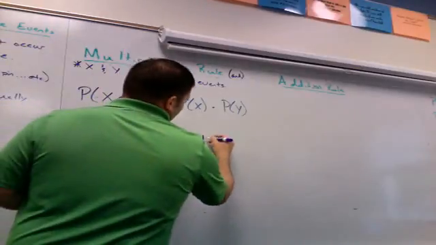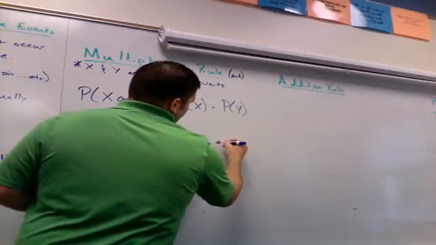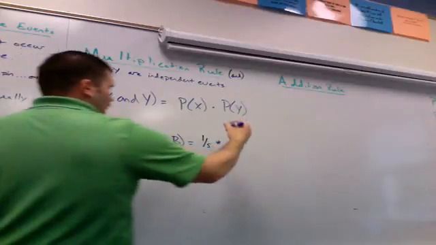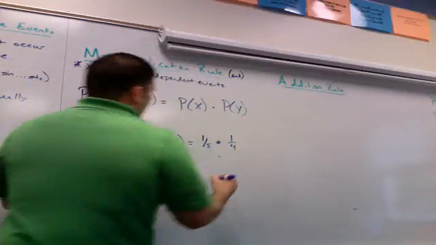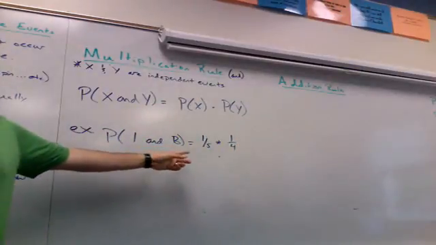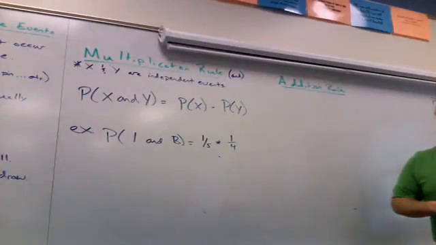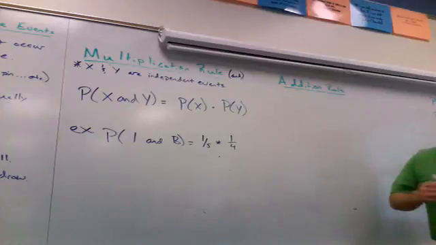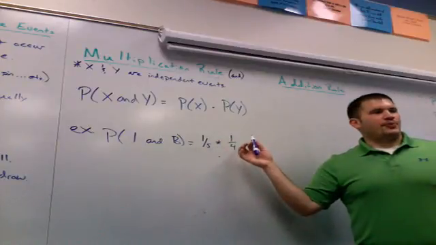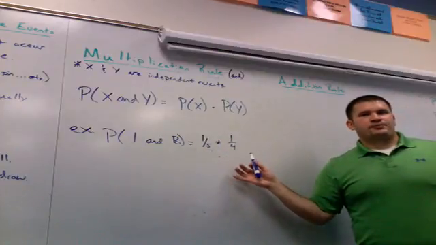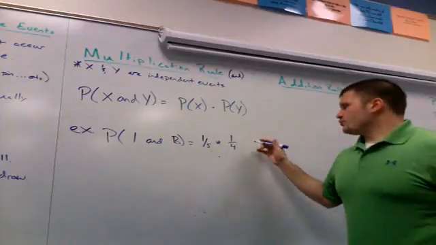So we do 1/5 times what, Matt? 1/4, because the probability of spinning a B is 1/4. Now, if we remember how to multiply fractions, we multiply the top times the top, bottom times bottom. Good, so it's 1 out of 20.